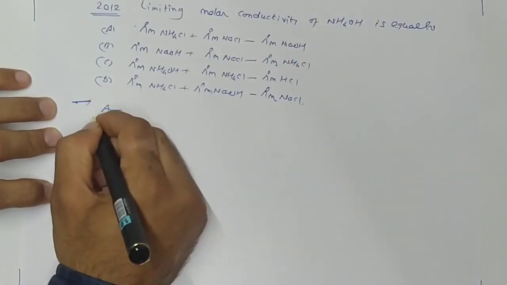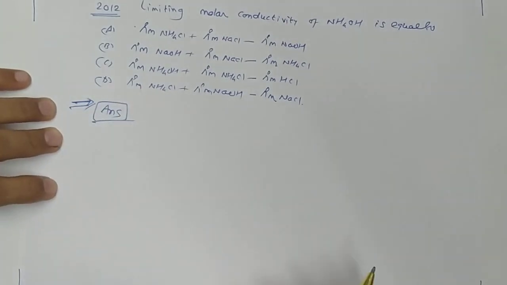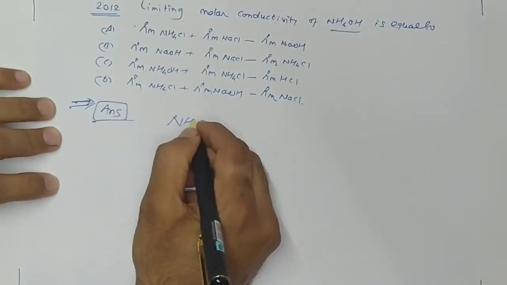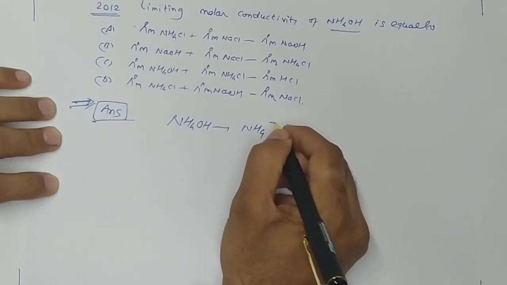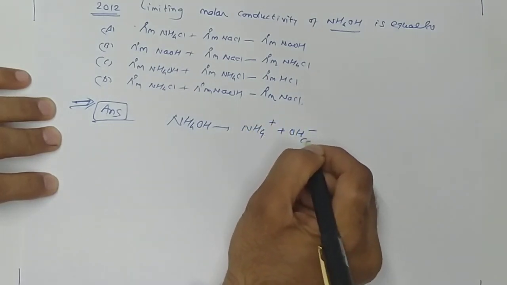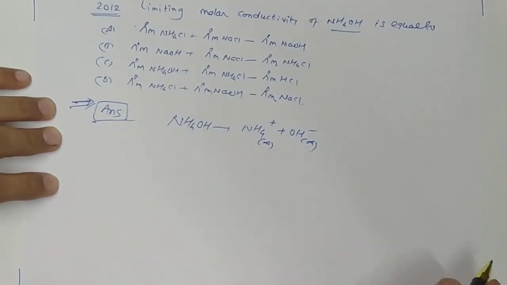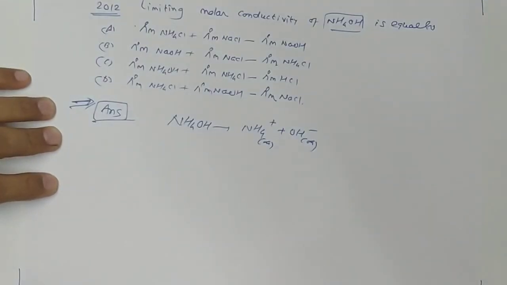This question we can solve by using Kohlrausch's law. Now first of all, NH4OH, which has two ions, it is clear, NH4+ and OH-. We have to derive limiting molar conductivity.